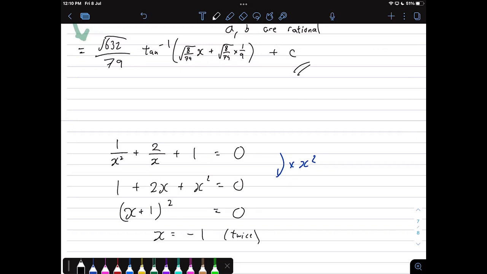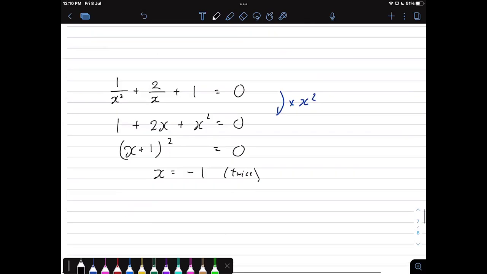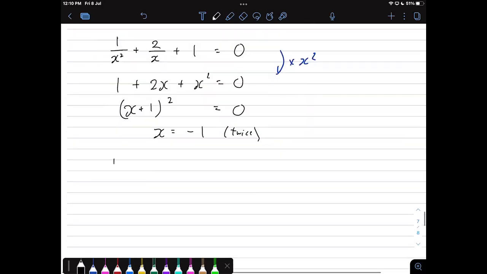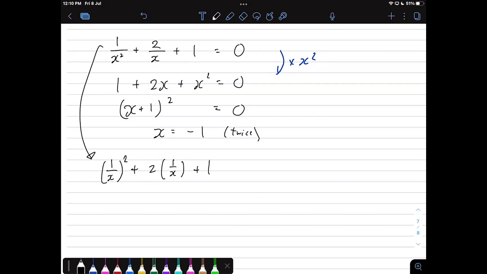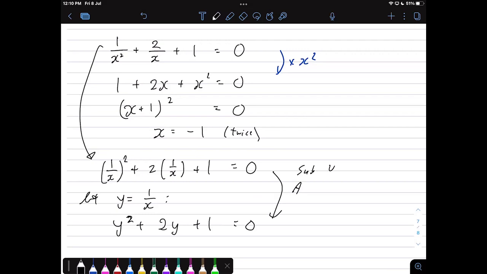Another way you could have done this is to reinterpret it as 1 over x bracket squared plus 2 times 1 over x plus 1. Then I can let y equal 1 over x. Does this kind of question look familiar to you? Sub y equals 1 over x.